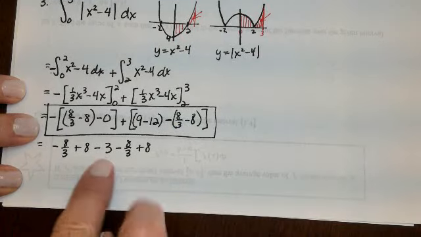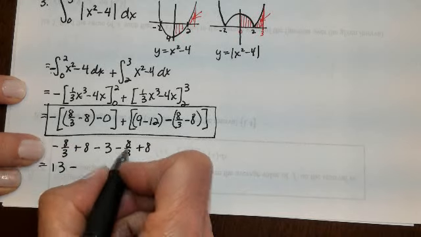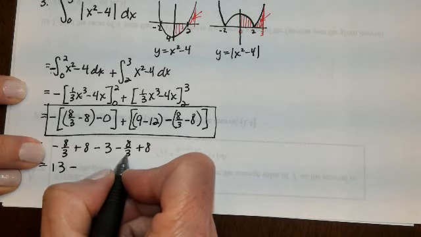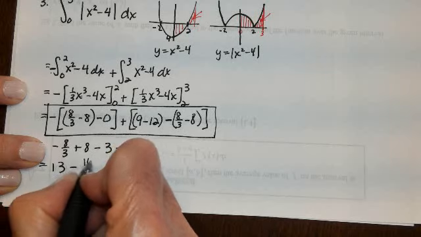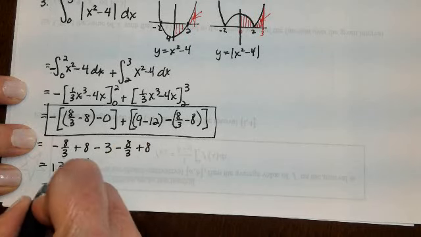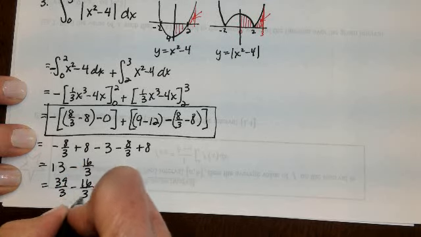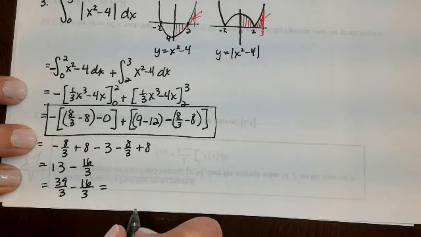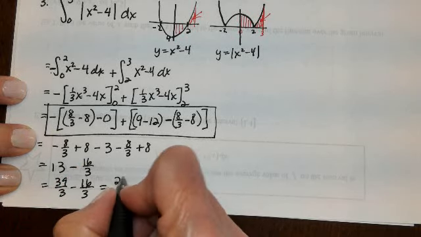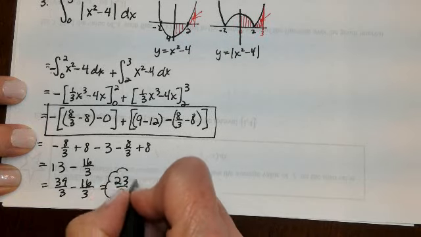So this is 16 minus 3, and that's 13, and then minus negative 8/3 minus 8/3 is negative 16/3, right? 13 is 39/3, and 39/3 minus 16/3 would be 23/3. That would be your MC answer.